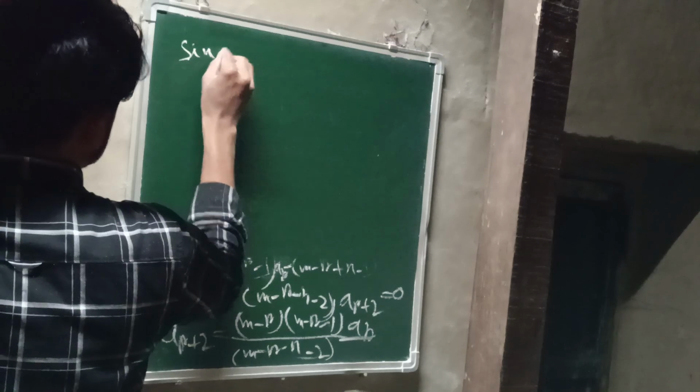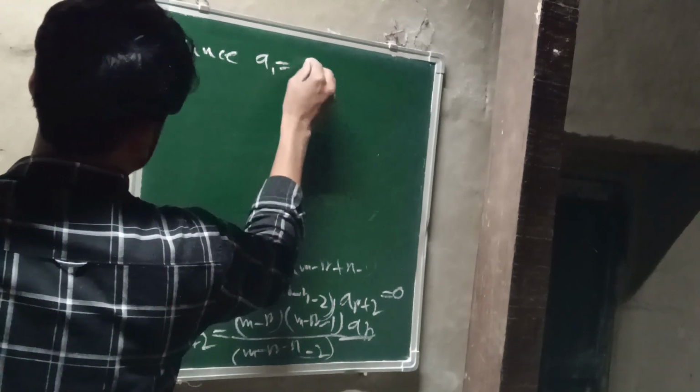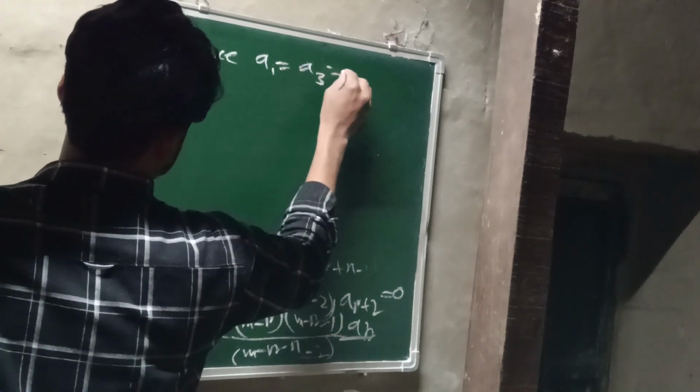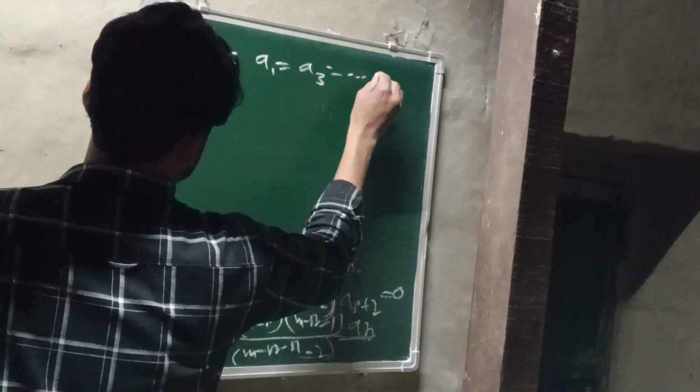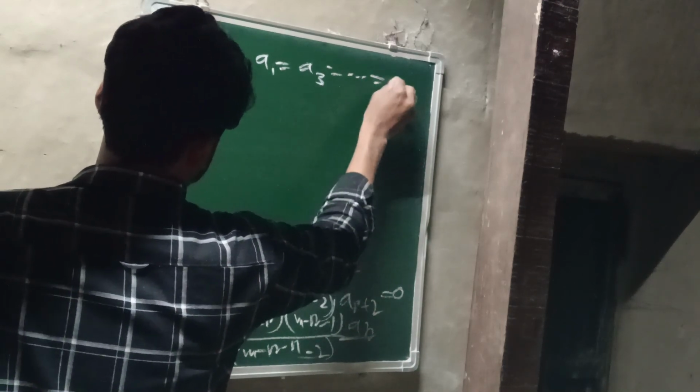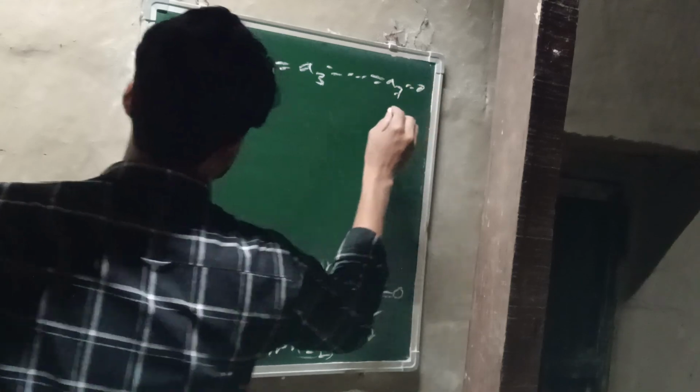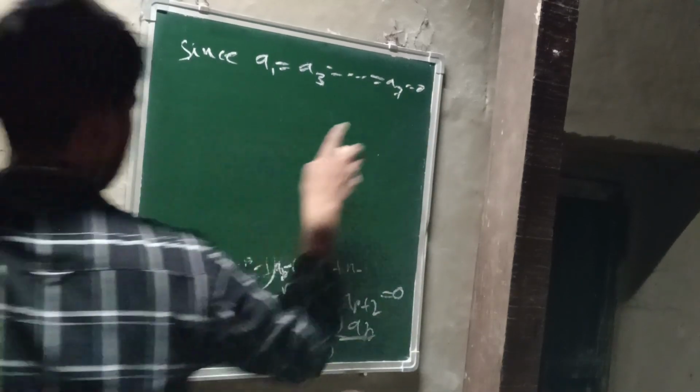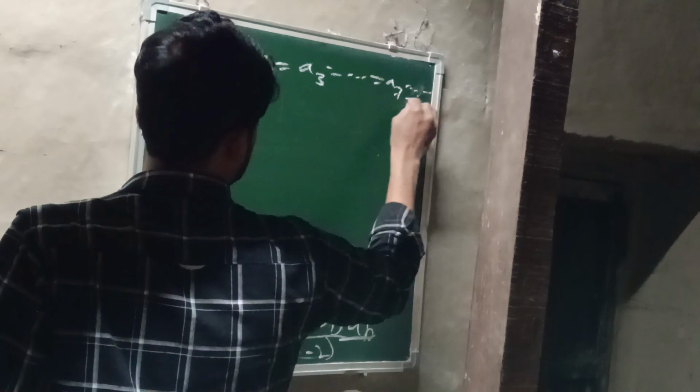Since a1 equal a3 equal a5 equal a7 equal 0.